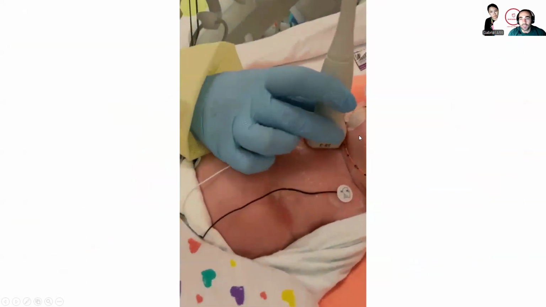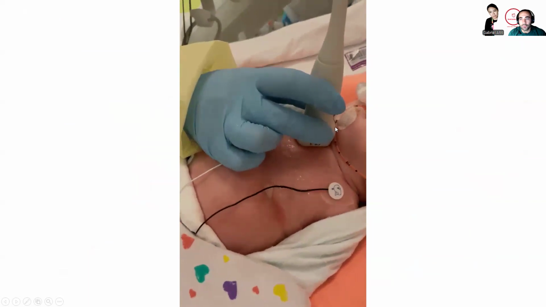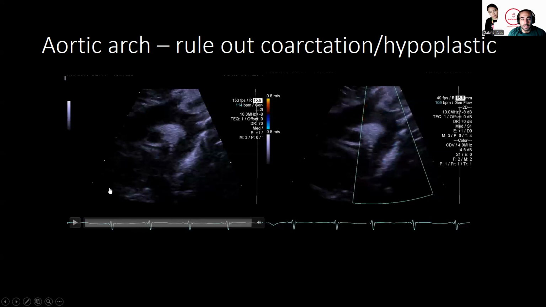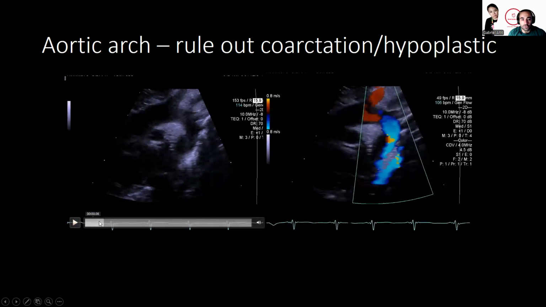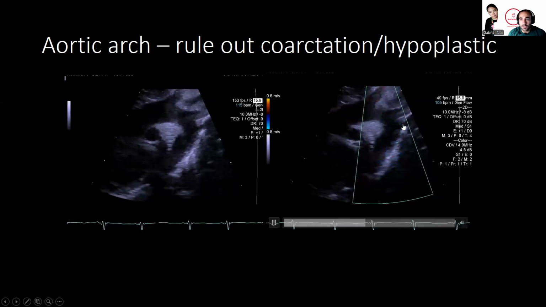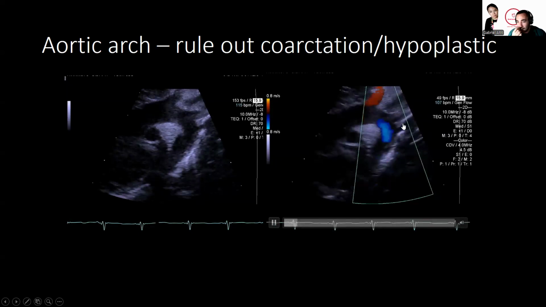So this is an example of the classical suprasternal view where you have your marker towards the chin. And in this view, you will see your aorta that looks like a sugar cane and has 3 branching vessels. So number 1, number 2, number 3: brachiocephalic trunk, the carotid and subclavian arteries for the left side of the body.